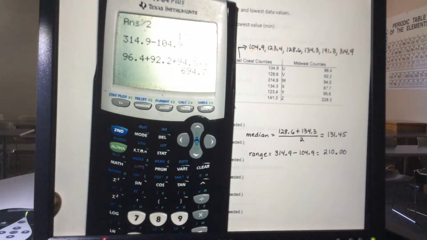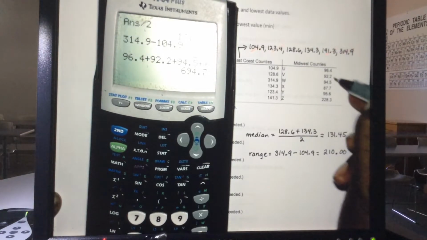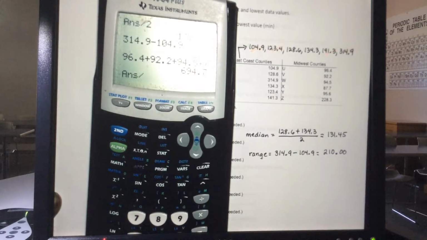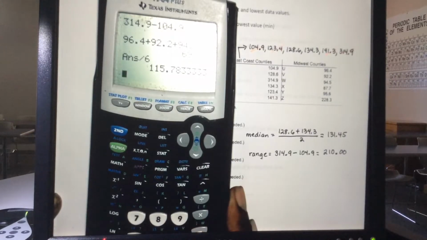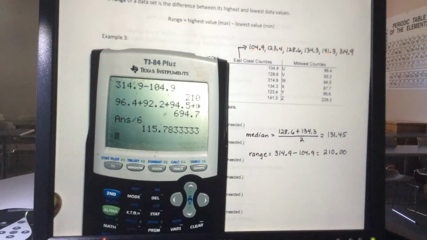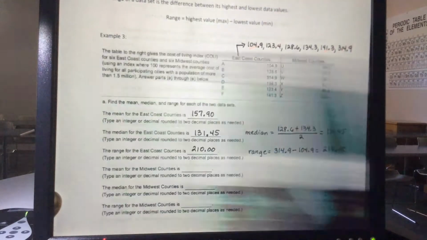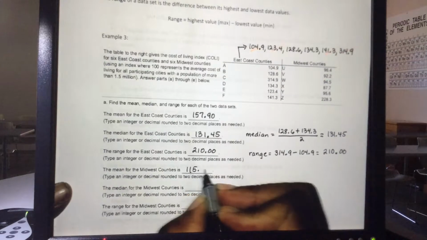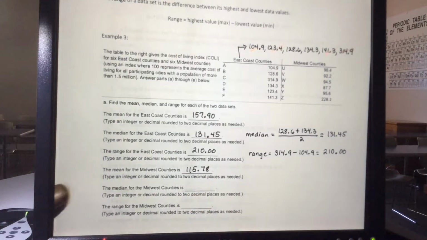That sum is 694.7, and there are 6 data values there. We're going to divide by 6. That will give me, to 2 decimal places, 115.78. That's the mean.